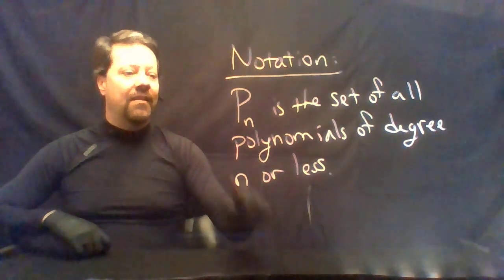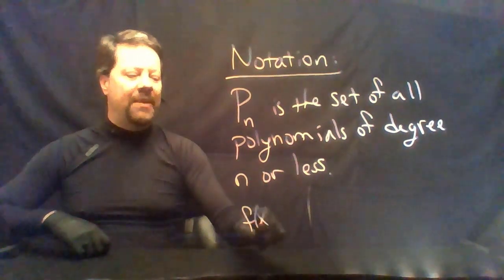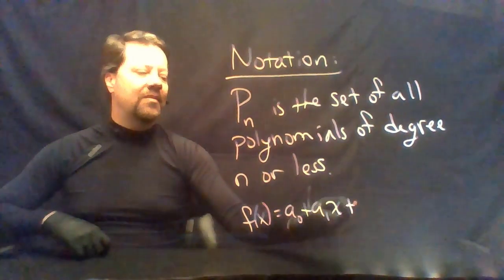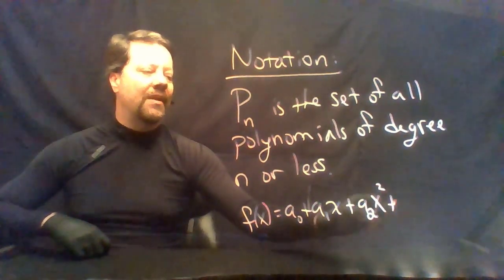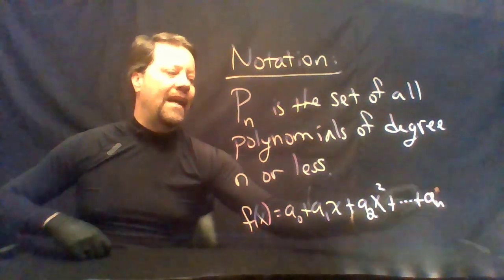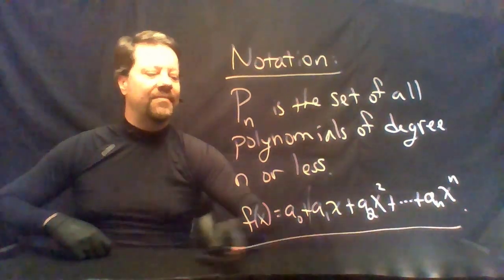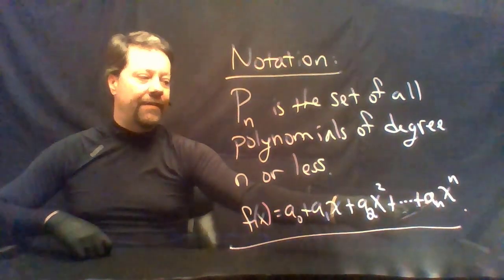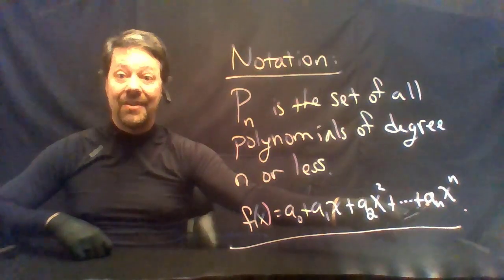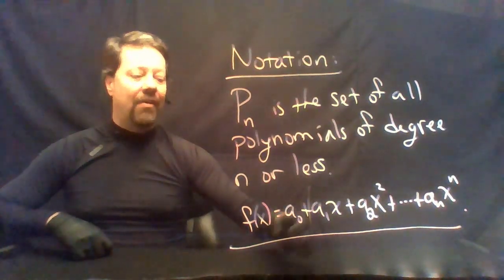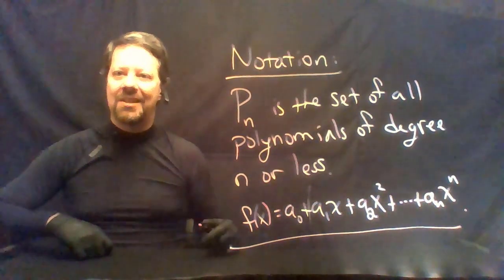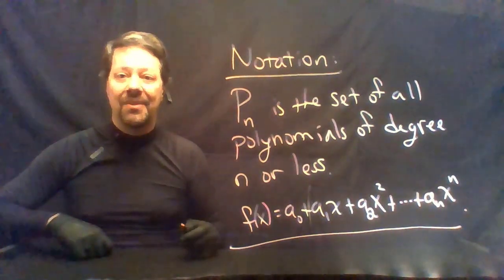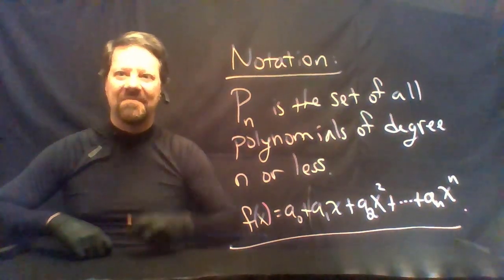In other words, all of the elements of Pn look like a0 plus a1x plus a2x squared plus dot dot dot plus an x to the n. We are not precluding the possibility that the coefficient a sub n is 0. You could have all of these be 0, in which case the polynomial would be the constant function 0, and that too is in P sub n.